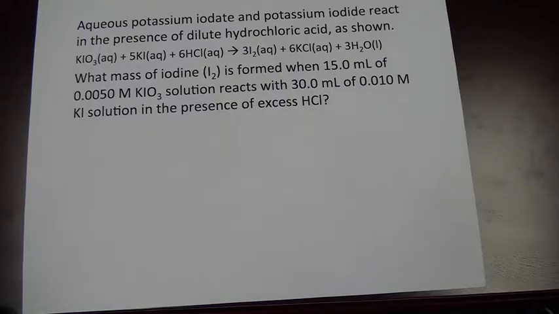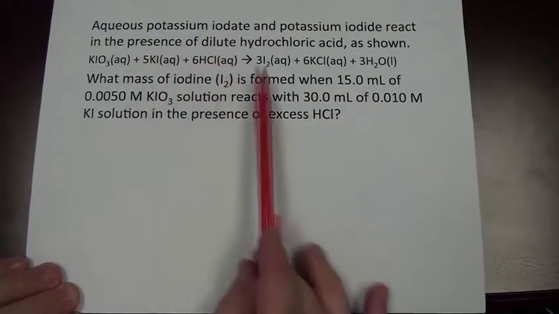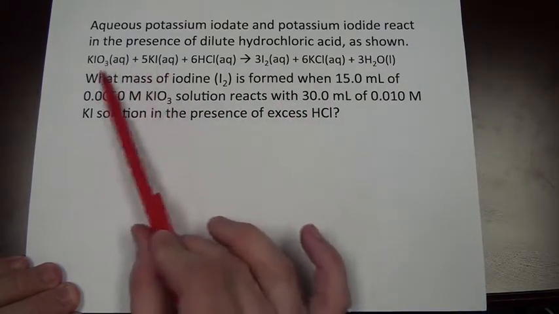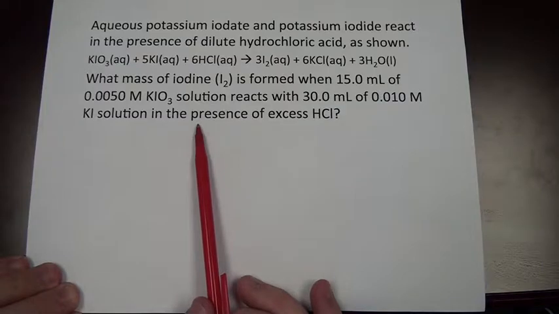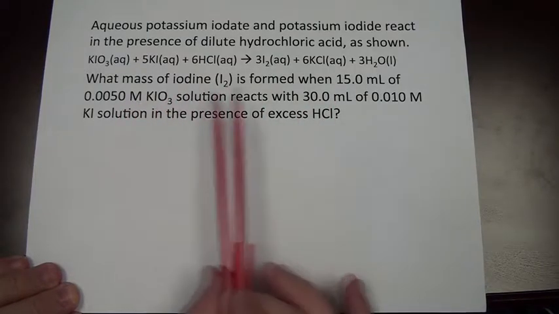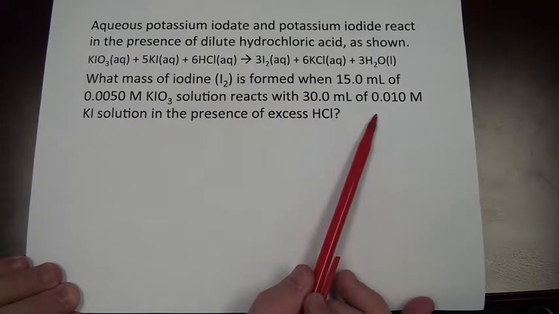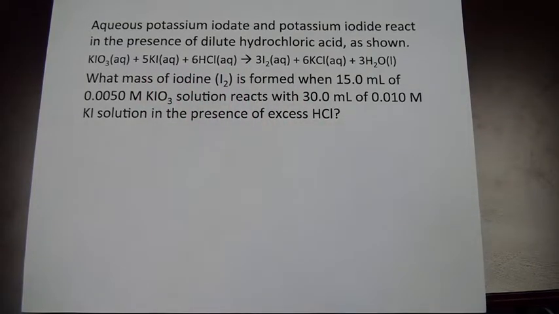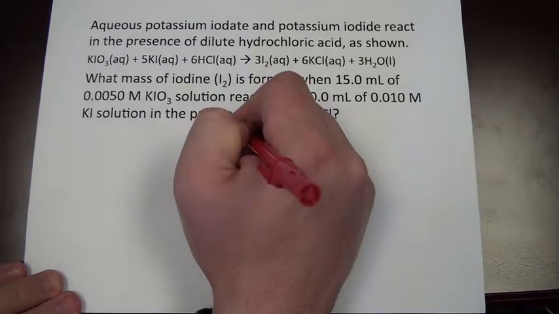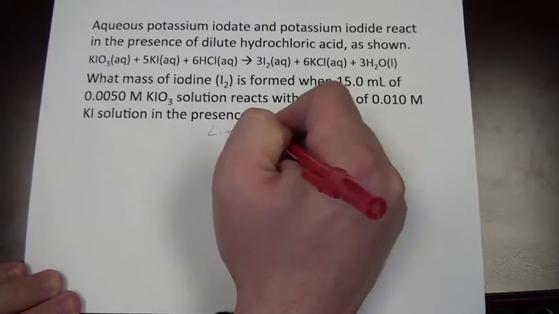Notice now in this one, although we're doing the same reaction, we have information about 2 of the reacting species. We have a volume and a concentration, which really gives us the number of moles of both of those. So if we have information about 2 of the reactants, then this is a limiting reagent problem.